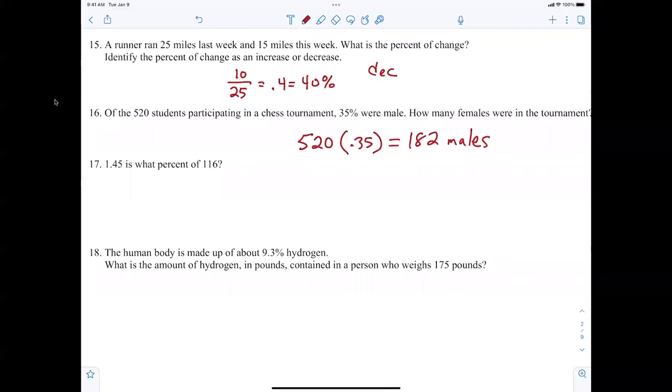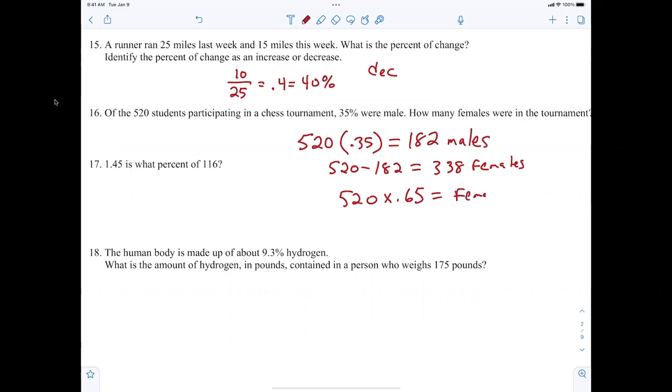All right. So 520 minus 182. And how much is that? That'd be 338. 338 females. Now, if you wanted to be quick at this, listen to James. What would I do, James? 520 times 0.65. Yes, everybody write down 520 times 0.65 and check that on your calculator and see if that's the same answer.